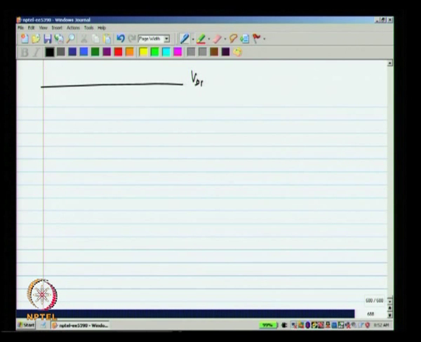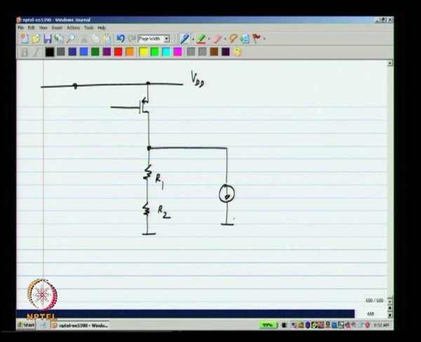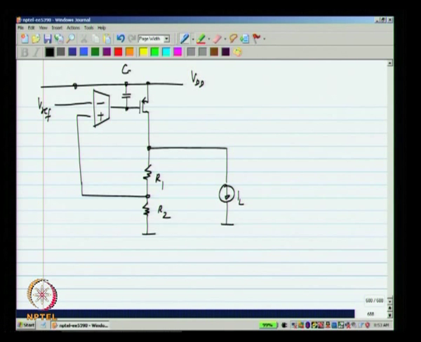So, ignoring everything else, we will consider only these 2.